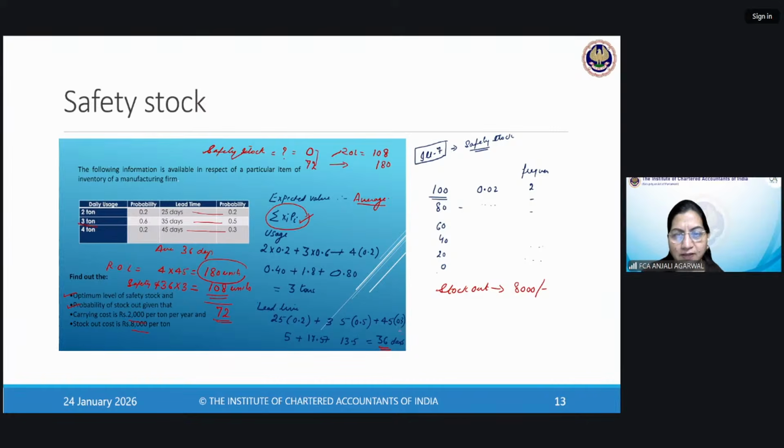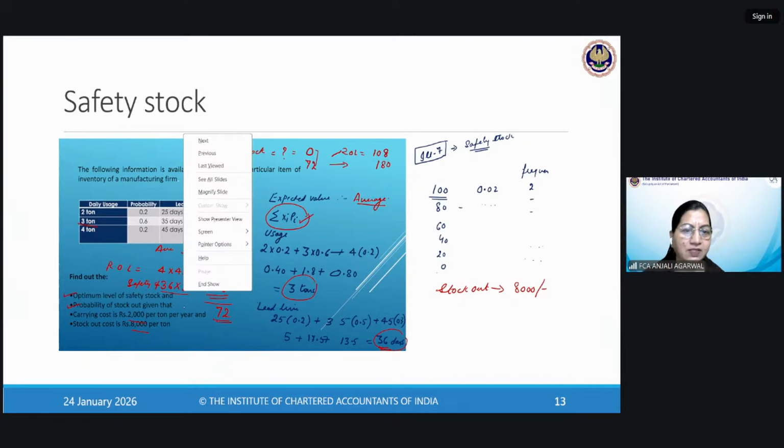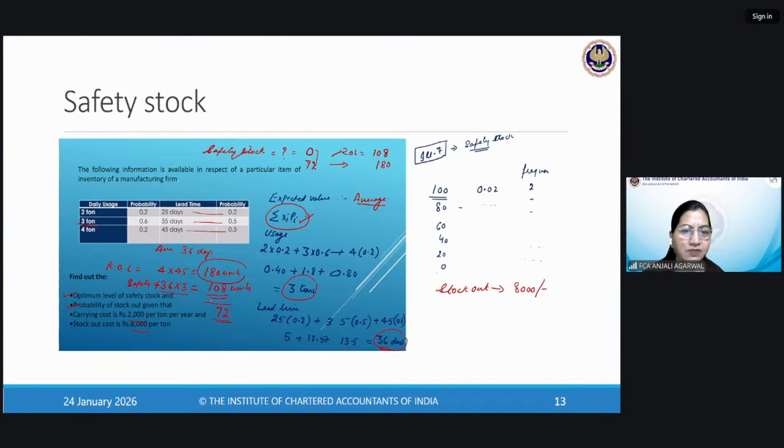So the lead time average is 36 days and average daily usage is 3 tons per day. So if I go by the second formula, safety stock plus average consumption into average time, I have the answer for average consumption into average time, 36 into 3, which is 108.